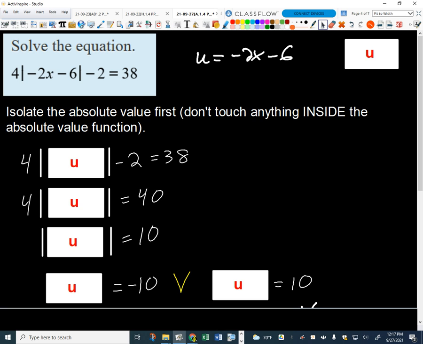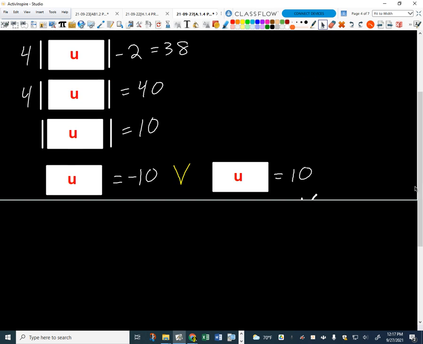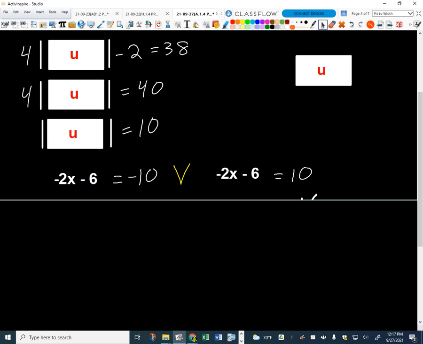But nothing changes until we get all the way down here. It's not until we get to this point right here, where we are setting up these 2 equations, that we begin to work with what's inside the absolute value. Now that we've gotten rid of the absolute value, we traded the absolute value equation for 2 regular equations. Now we can solve both of those, just like we normally would.